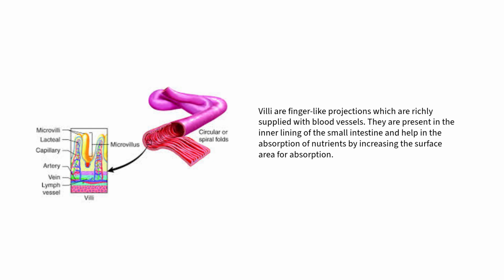You can see in the picture finger-like structures or projections which increase the surface area of the small intestine, thereby increasing the rate of absorption of food particles. The digested food particles, the smaller ones, can be absorbed through the villi.